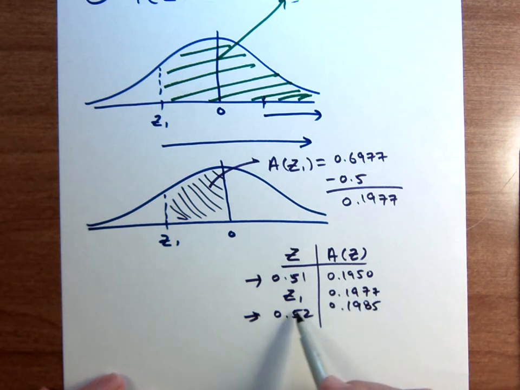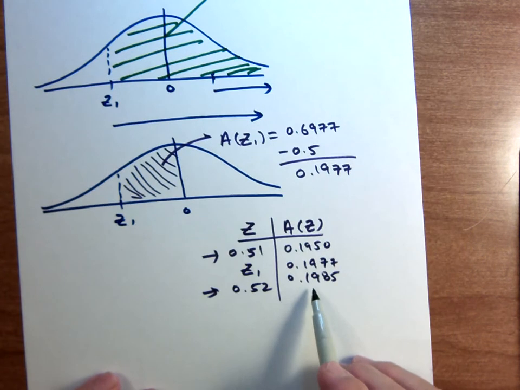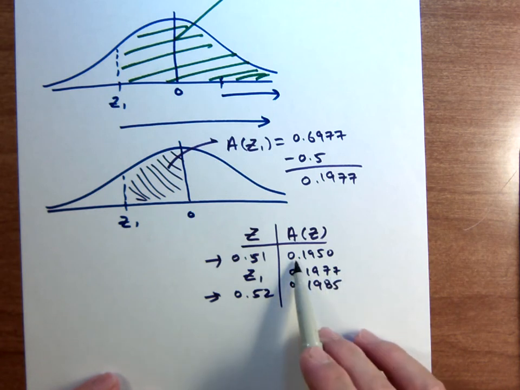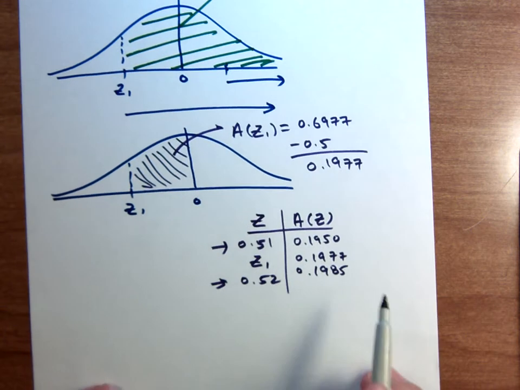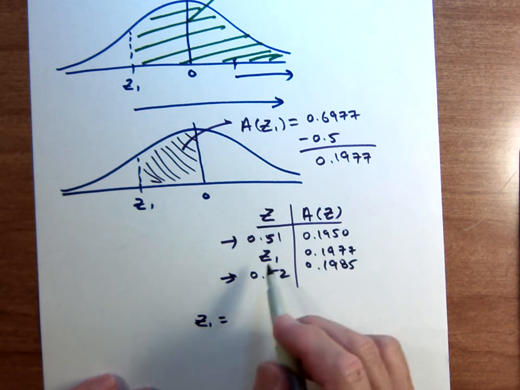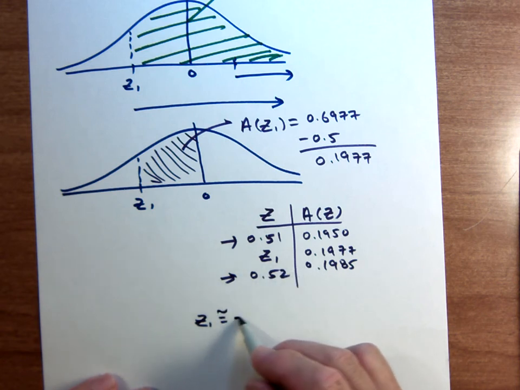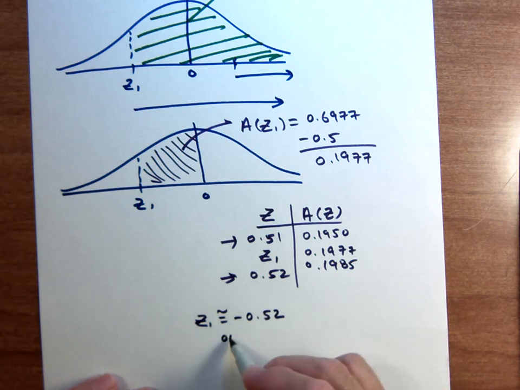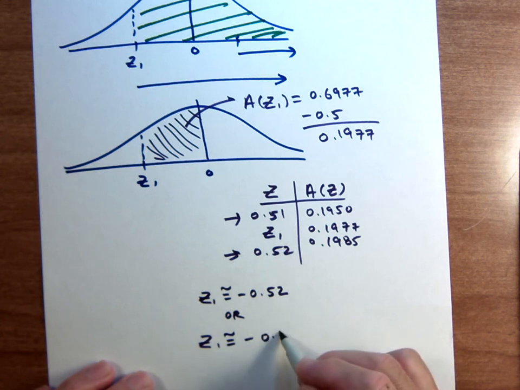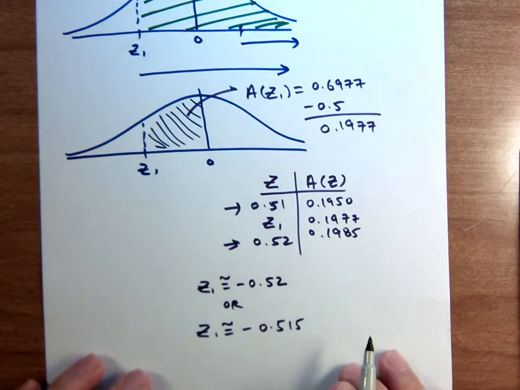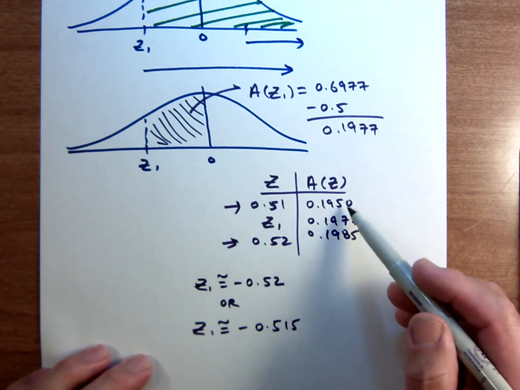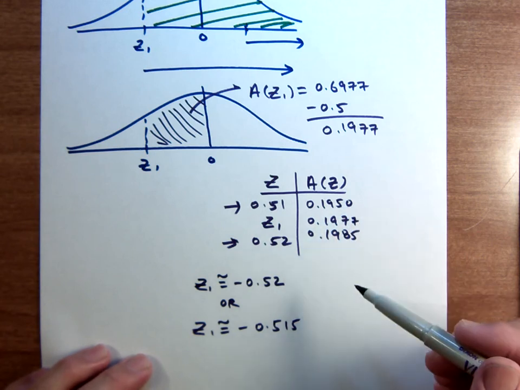You can see that 0.1985 is closer to 0.1977 than 0.1950 is. So there are two ways you can write the answer. Our z1 is going to be negative, about negative 0.52, or another way you can say it is negative 0.515. In another video I'm going to show you a little bit more accurate way of estimating the z1, which I briefly mentioned before, and that is called linear interpolation.